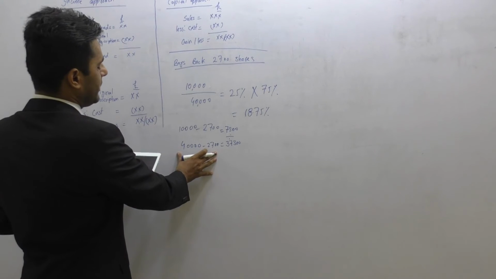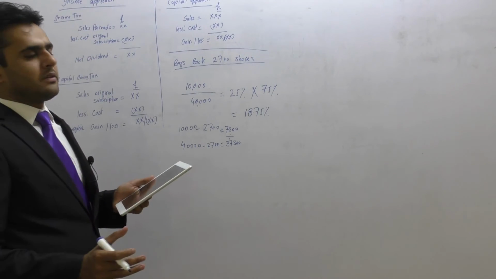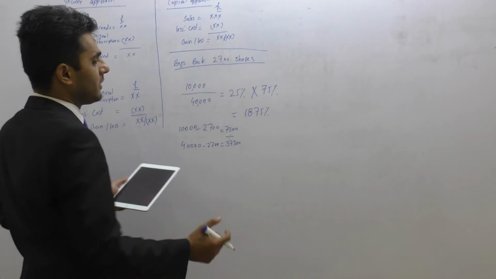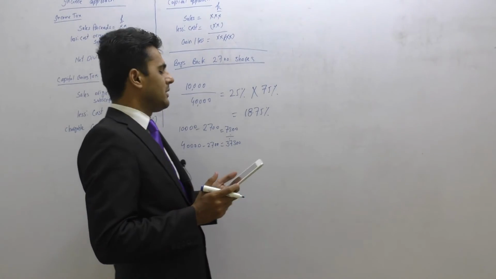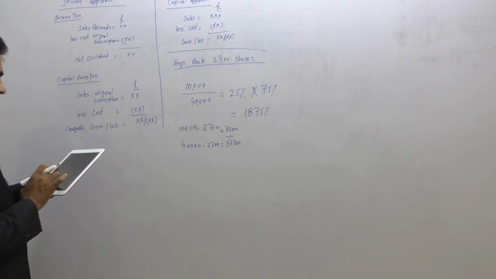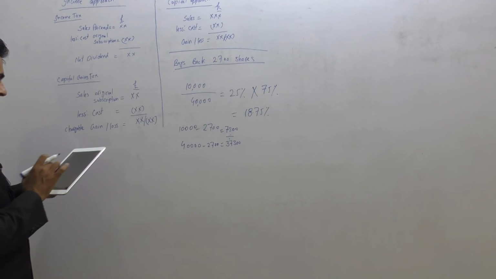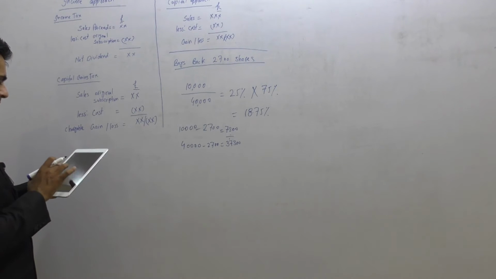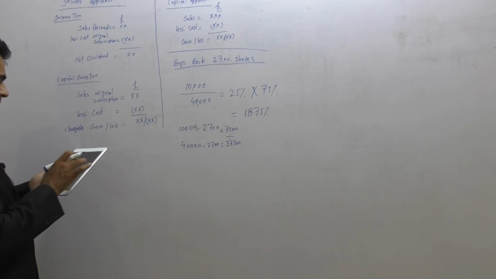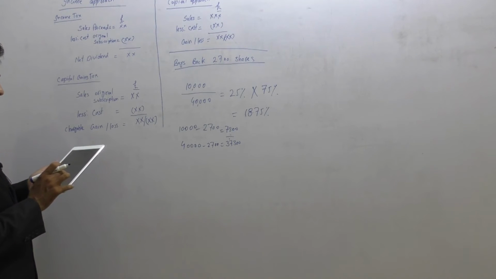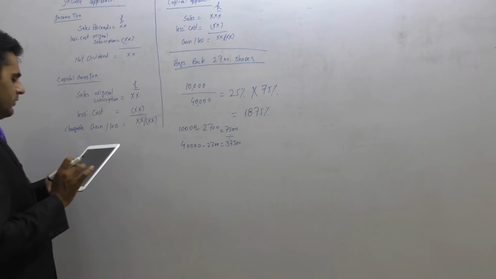The company's shares will also be reduced, because whatever number of shares the company is buying back will be cancelled out. So we take 7,300 divided by 37,300.